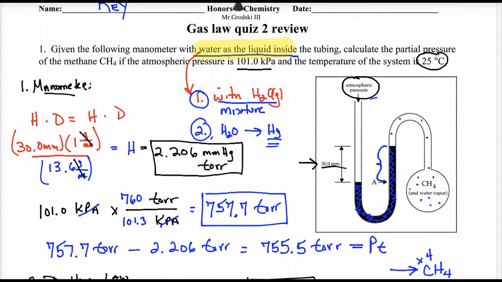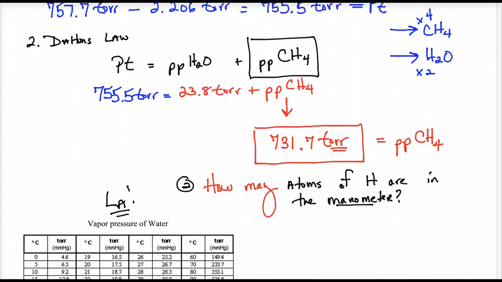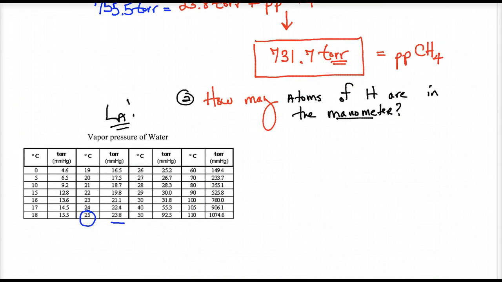I'm going to need to know what the volume is, and I didn't put this in here because I'm adding it. We're going to make this 10.0 liters. So we're going to say that the size of the container is 10 liters. Okay, so let's go attack this problem. All right, I want the total number of atoms of hydrogen in the manometer. Understand we have water and we have methane.